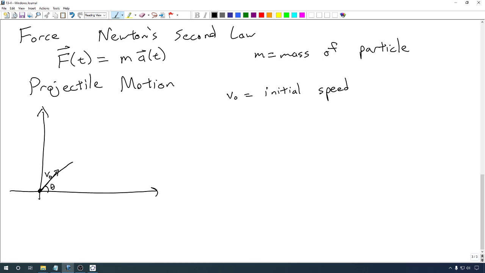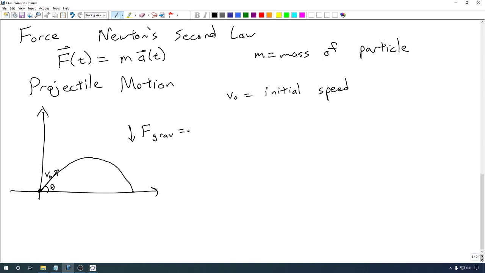And most people can realize that we're going to have some sort of curve that looks like that. It's going to curve down until it hits whatever ground. And like I said, the only force is going to be gravity, and that gravity is going to be pointing downwards, towards the ground.